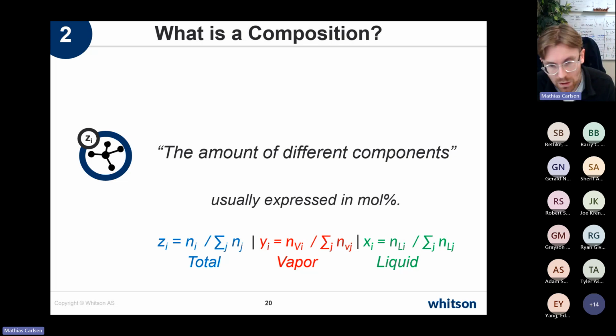For vapor, we typically use the color red, and the symbol Yi. And for a total composition, like a total well stream composition or the reservoir composition, we use the symbol Zi. An example: at surface, you have a gas composition with symbol Yi, and a liquid composition with symbol Xi.